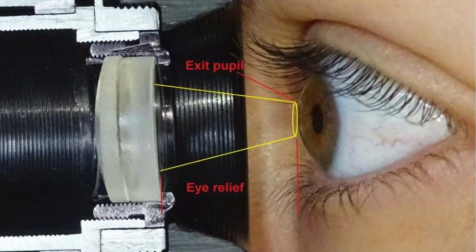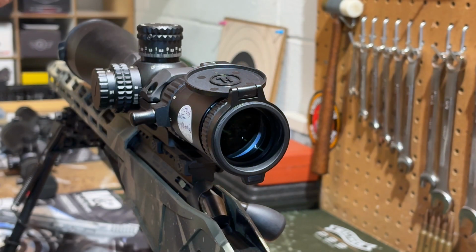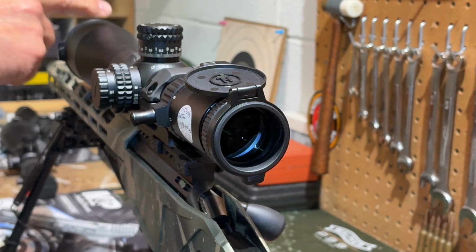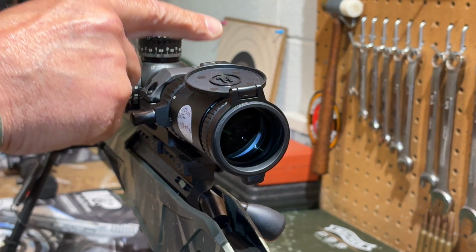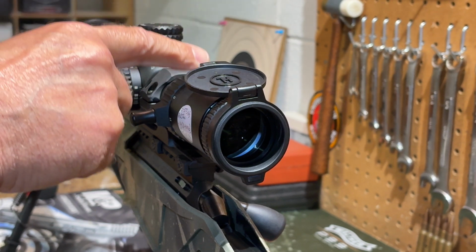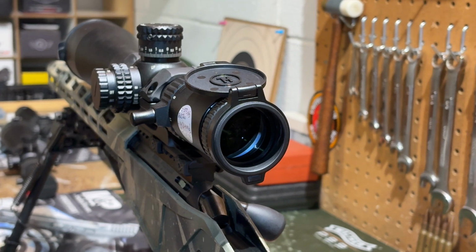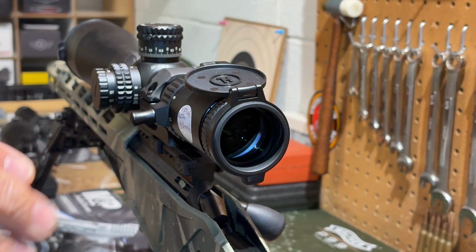In fact, it is a cone-shaped light that emerges from the ocular lens, and we can determine the measurement of that cone by dividing the size of the objective lens in millimeters by the magnification power at which the scope is set. So for a variable power scope, this is going to change. For a fixed power scope, this is always going to be the same.